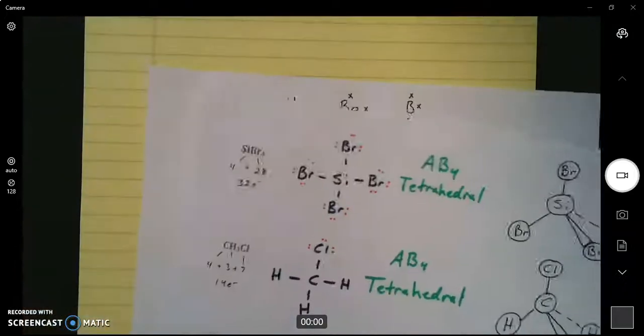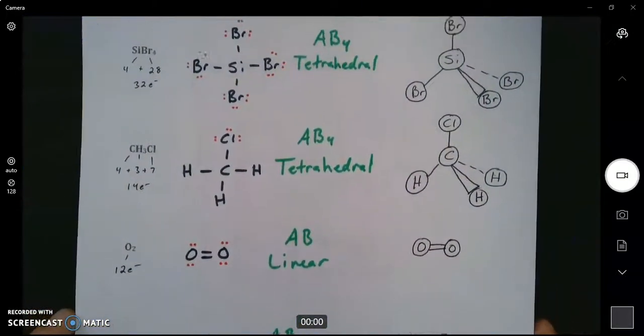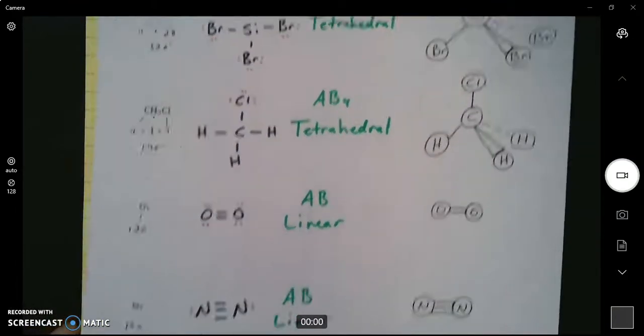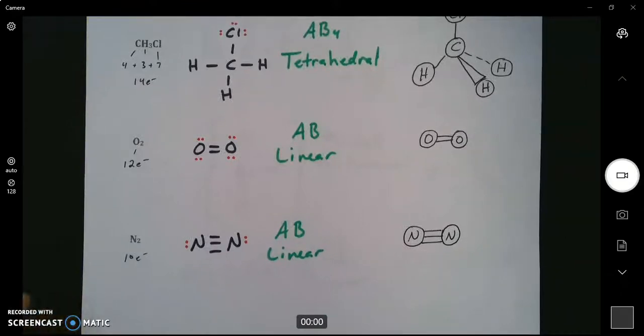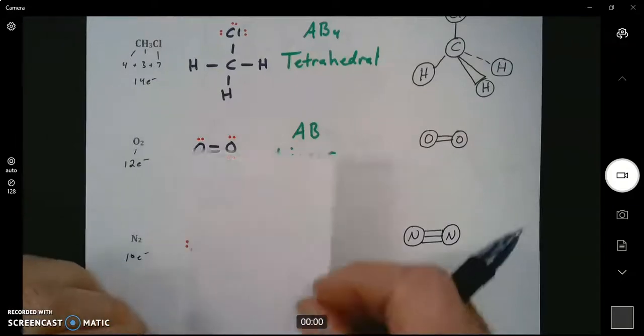On the next page, you're going to see the top 2 are going to be AB4 tetrahedrals. When we get into oxygen and nitrogen, because of how they are connected to one another, you can actually see this very easily if you do the jigsaw method of making the Lewis dot structure.